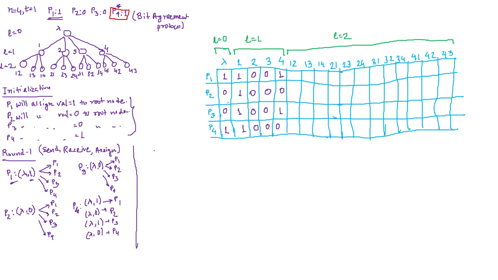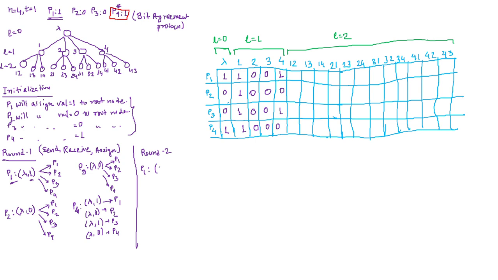Now we start round 2. Again it will have its own send, receive and assign. Now in round 2, what information does P1 have in its local EIG tree at level 1?